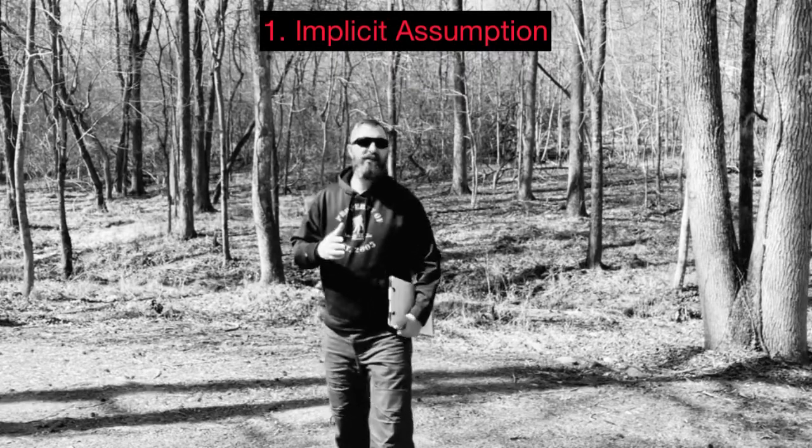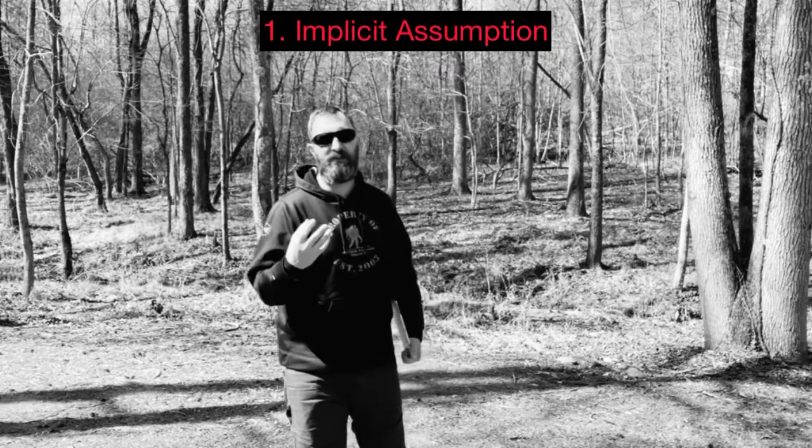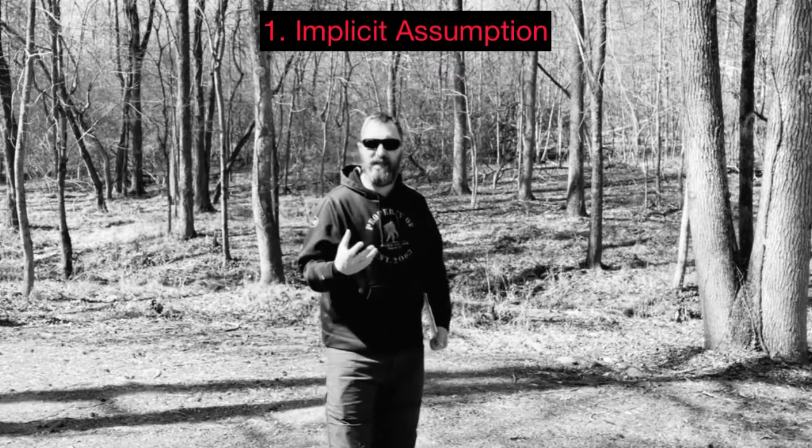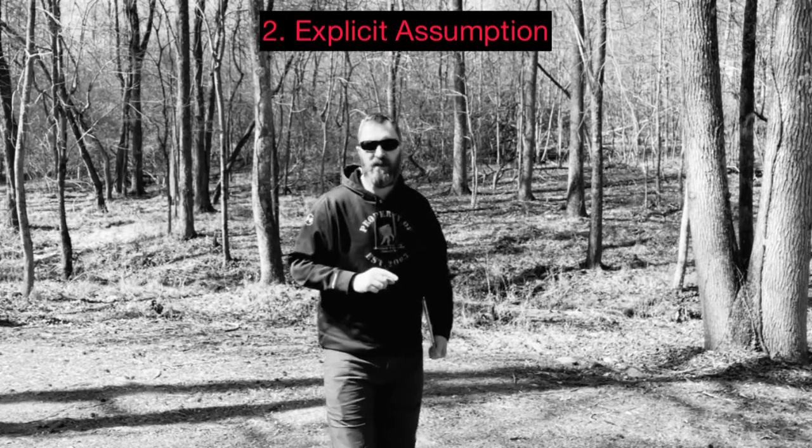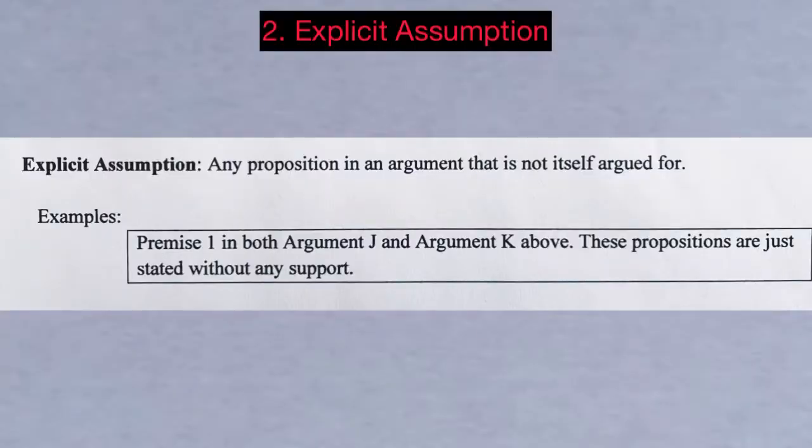So having defined an implicit assumption and looked at some examples, let's now turn to defining what an explicit assumption is. So an explicit assumption is any proposition in an argument that is not itself argued for, right? It's any proposition in an argument that is not itself argued for.